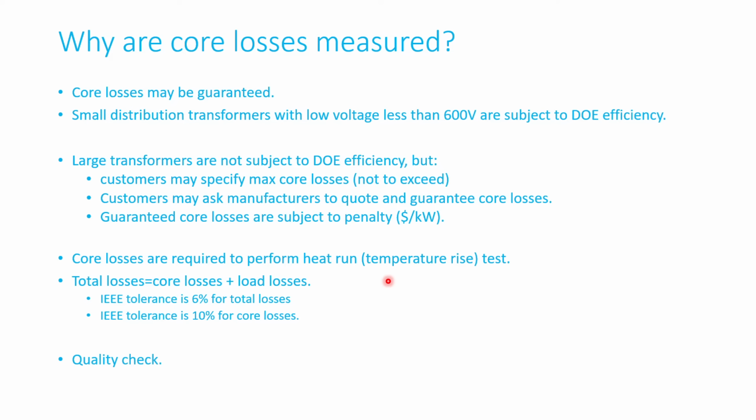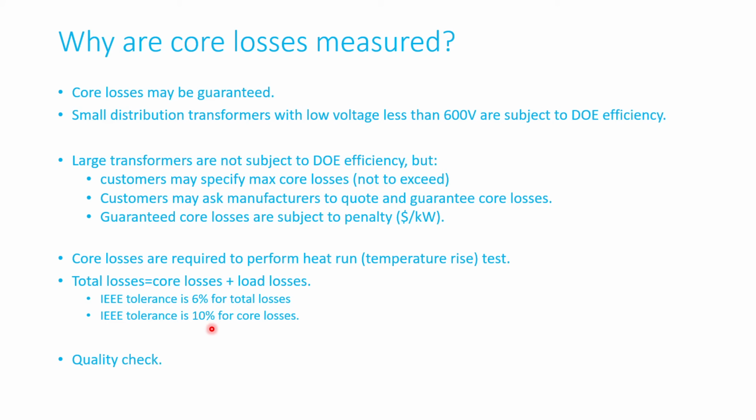And I would recommend watching the previous videos where I talked about load losses, how they are measured, and so on and so forth. So for IEEE designs, the tolerance is 6% for the total losses. And again, total losses is core losses plus load losses. And IEEE tolerance is 10% for core losses.